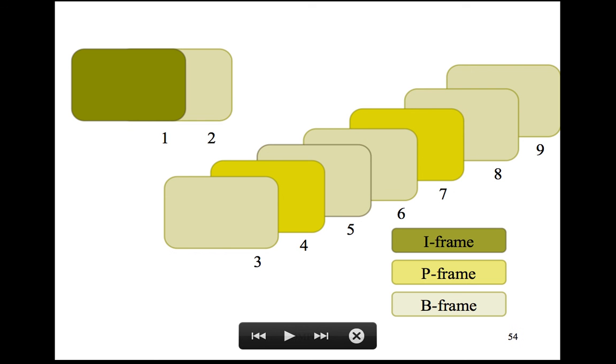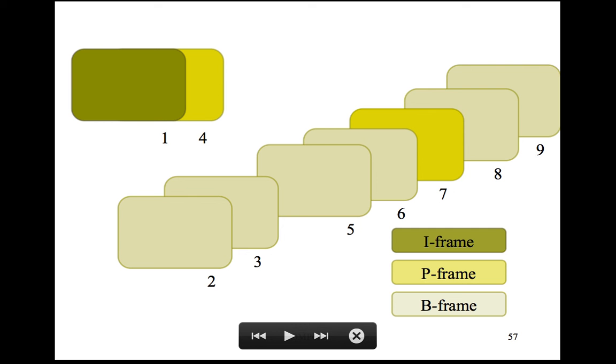Now, frame 2 says to the receiver, okay, take these parts from frame 1, and these parts from frame 4, and mix and match those to make frame 2. But it's like, duh, I don't have frame 4. I've only got frame 1. So it turns out that in order for the receiver to construct frame 2, it must have both frame 1 and frame 4.